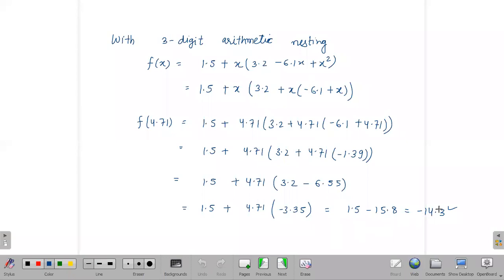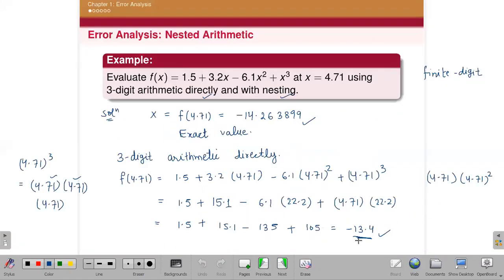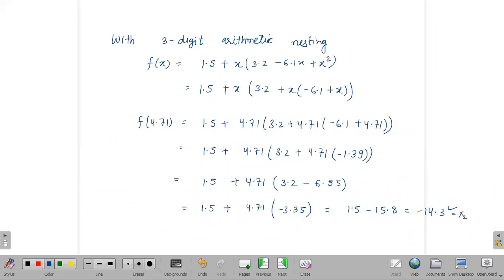This is obviously the most accurate approximation. Now if I write this as x, this as x1 and this as x2, then you can find the errors also. Absolute error is x minus x1, where x is the exact value and x1 is 3-digit arithmetic directly. It will be 0.864.